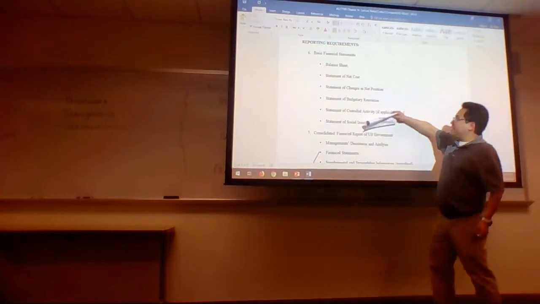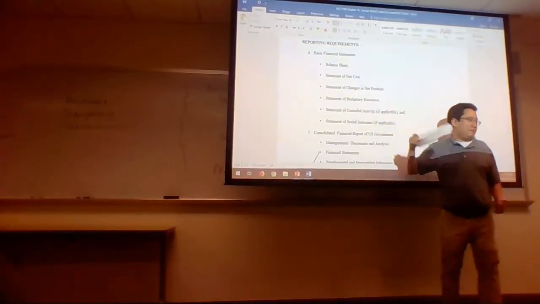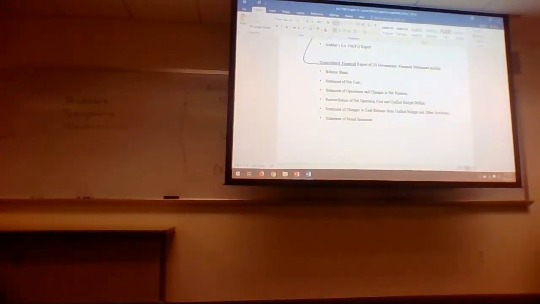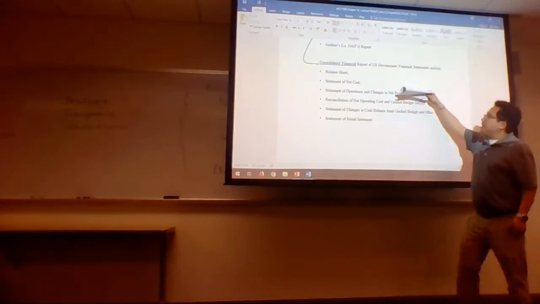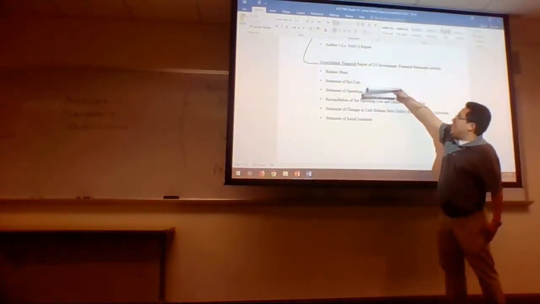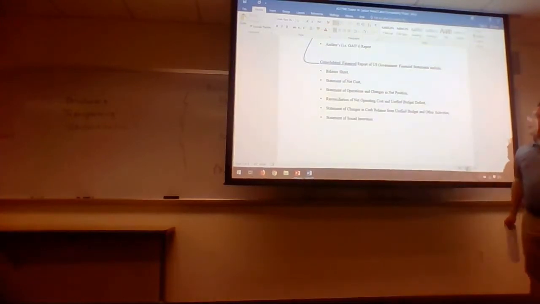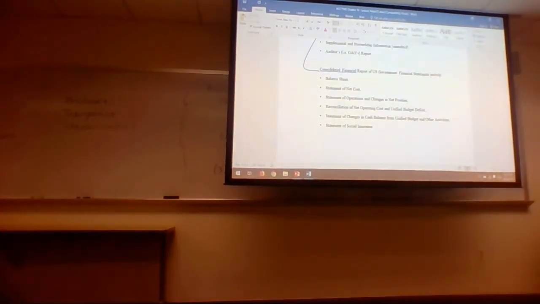Okay, so these are the basic financial statements that you have up top. And then at the bottom, these are the formal names for the statements that you would have in the consolidated financial report for the whole U.S. government. All right. Okay, so how do they match up? Look at this, everybody.